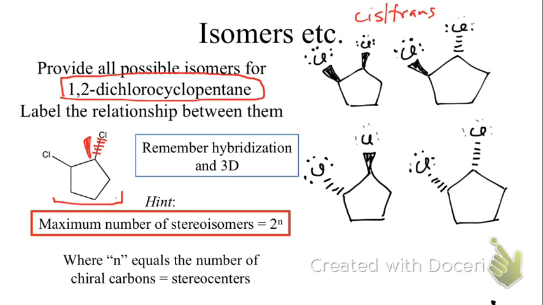Mathematically, if there's two options, then it's going to be 2, and depending on how many different positions I can have wedged and dashed, we'll say 2 to the n power. That's what's happening here. If you aren't super comfortable with that, that's fine. Just remember 2 to the n, where n equals the number of these wedge-dash possibilities.